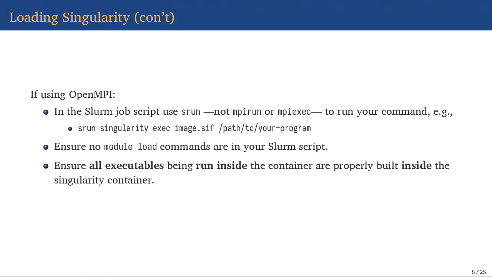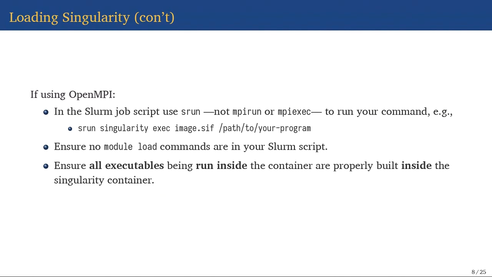Okay, so if you see the line there, srun singularity exec, etc., the srun command is running outside the container. The command I put, path to your program, whatever that command is, that's running inside the container. So the two work together. So it's really important that you use srun to run your MPI code.